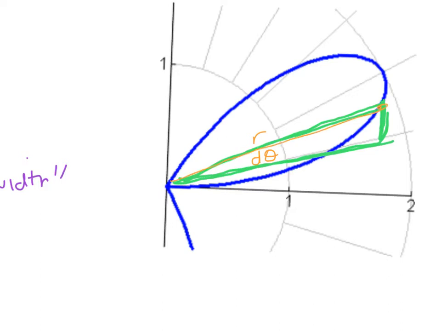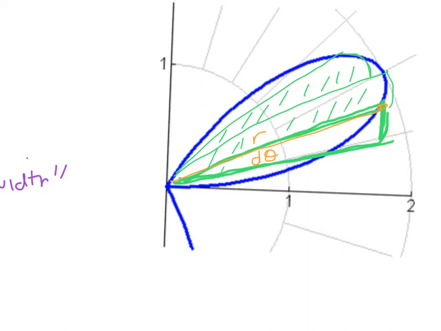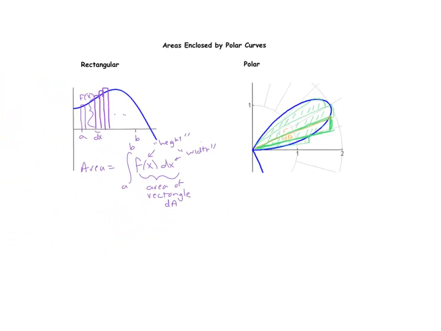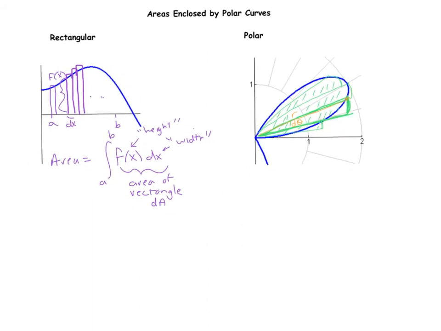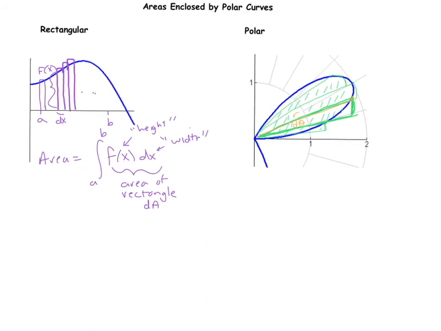So I've got one sector, and of course what we do ultimately is we break it up into a bunch of sectors. Some of them will under approximate, some will over approximate. But if we can find an expression for the area of all of those, and then let the number of sectors go to infinity, then we've essentially done the same thing we did when we used rectangles in rectangular form, but we'll probably have a different expression.